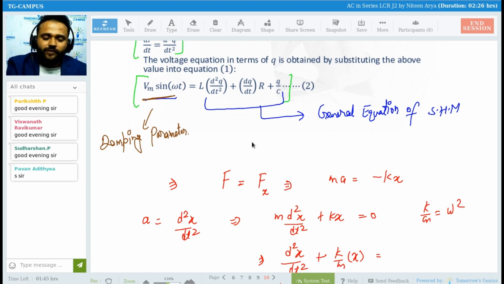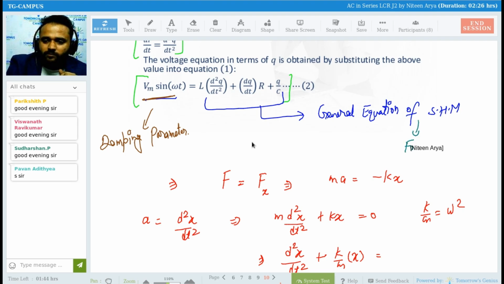Instead of x, instead of displacement, I simply replace it with charge. So I hope and believe now this d square q upon dt square plus q by LC is the simple general equation, and the dq by dt term with R is the damping parameter, and this Vm sin omega t is the forcing term.